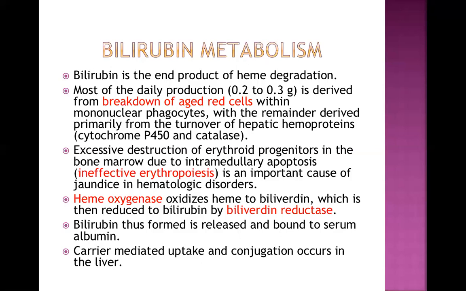When it reaches the hepatocyte, that complex will dissociate again and only bilirubin will enter into the hepatocyte, whereas albumin is left behind. This is an important point. Albumin doesn't enter into the hepatocyte. Only bilirubin will enter. Now remember, it is still unconjugated bilirubin.